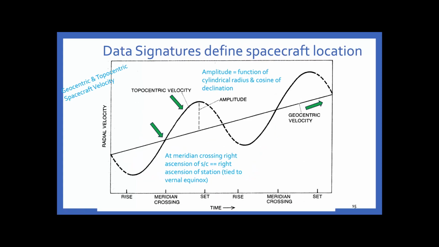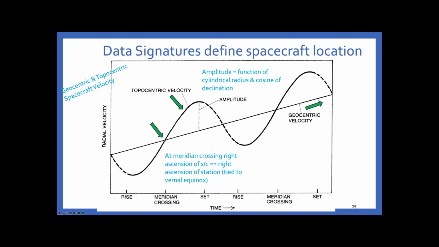Now, if we look at the signature in the tracking of a spacecraft as shown in this curve, let's assume that the spacecraft is not moving relative to the center of the Earth. So this line along here is the geocentric velocity. This would be the velocity of the spacecraft relative to the center of the Earth. But here on the stations, when the spacecraft rises, the velocity is going to decrease.